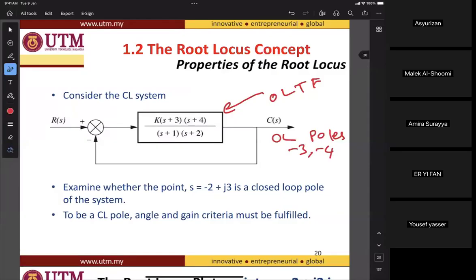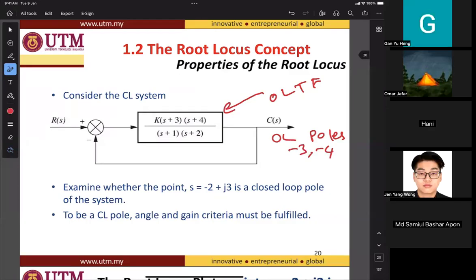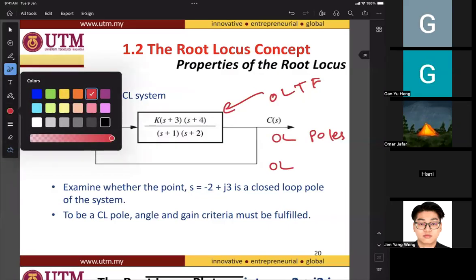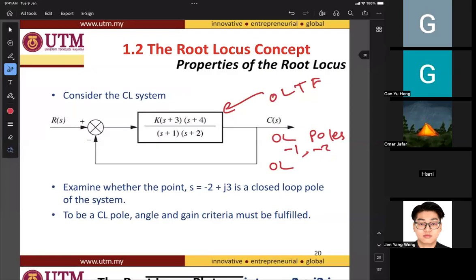That is wrong, those are the open loop zeros. The open loop poles are -1, -2, and the open loop zeros are -3, -4.